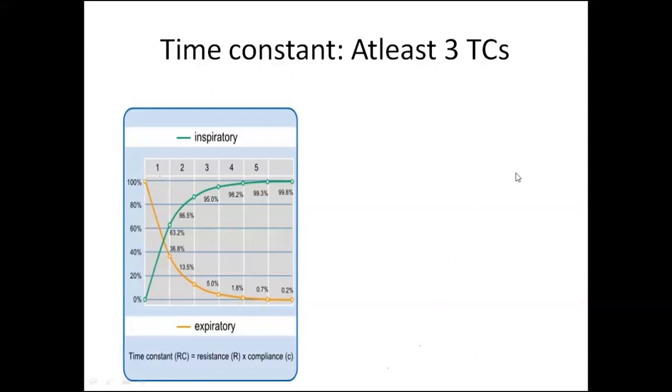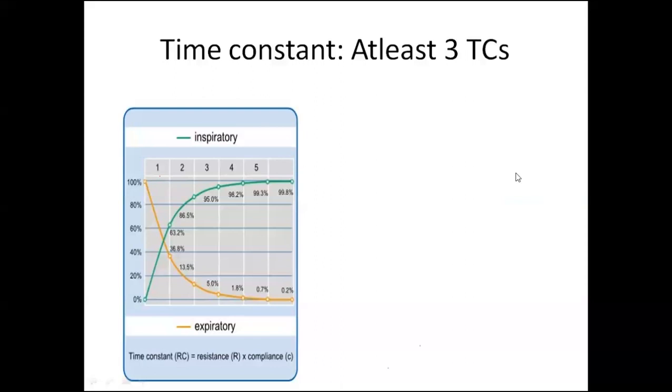The time taken for moving this amount of air into the lung is one time constant. Next, two time constants is 86%. 86% of the air is to move inside, that is 2 time constants. If I move 95% of air into the lung, that is 3 time constants. Is it clear what I'm talking?